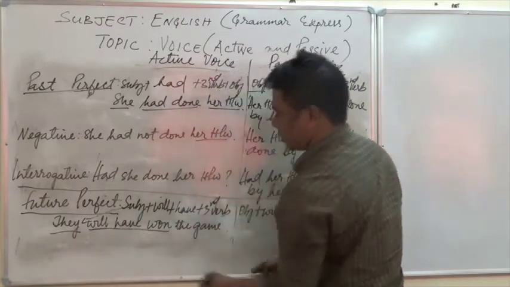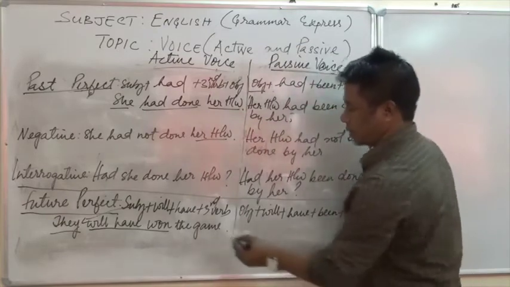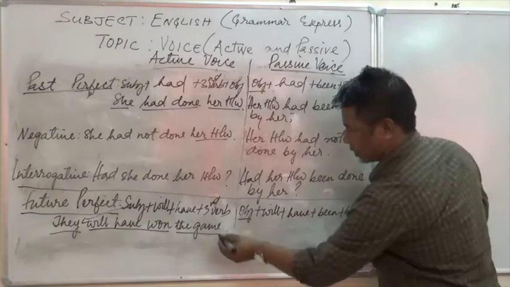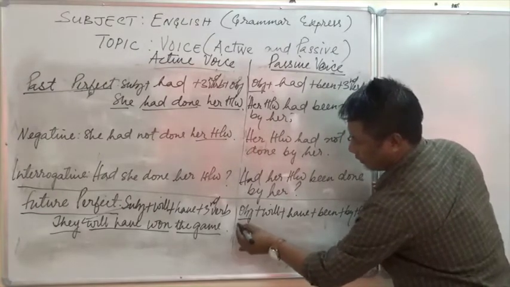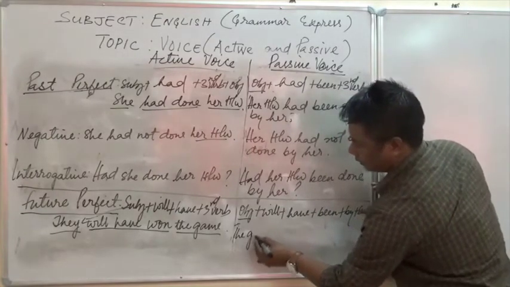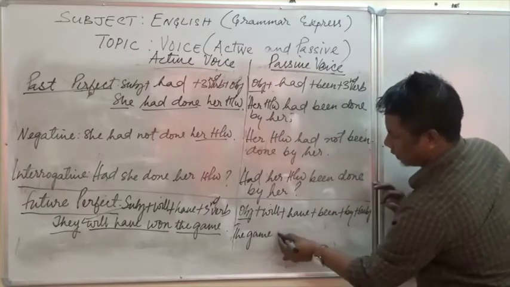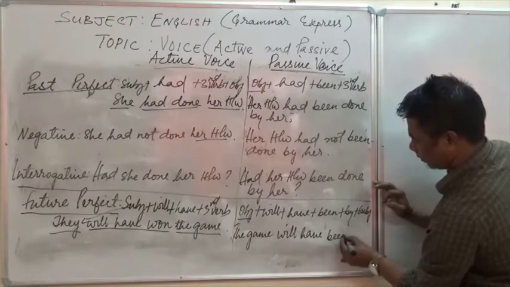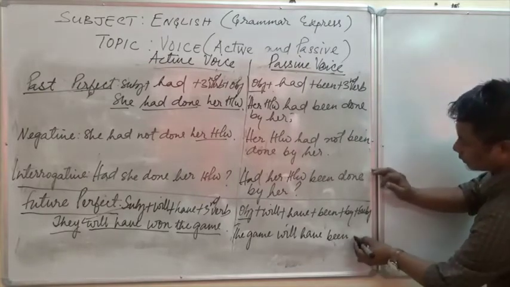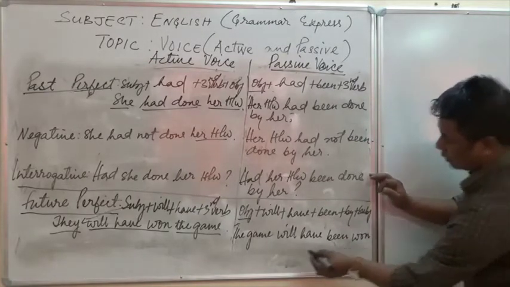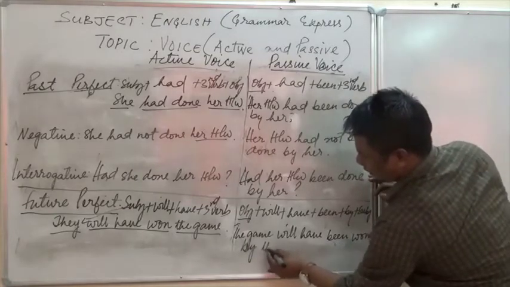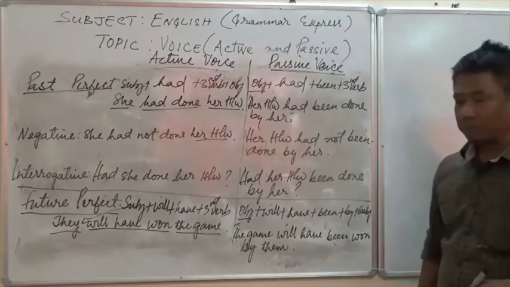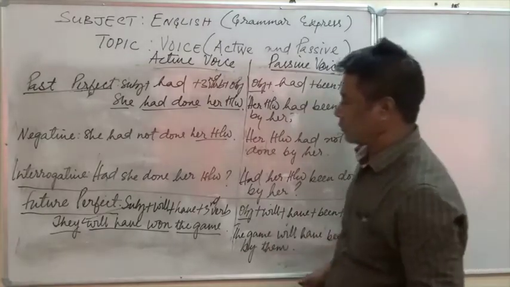Will have won. And what is the object? The game. So we take the game as the object, and will have been won by them. So the game will have been won by them. So this is how future perfect works.